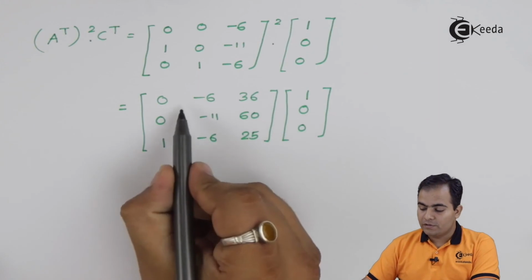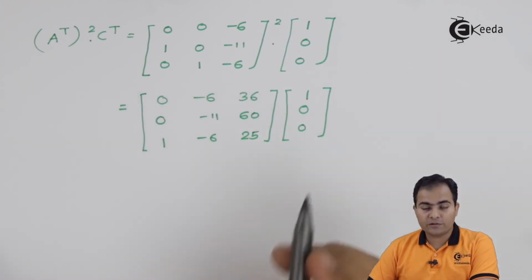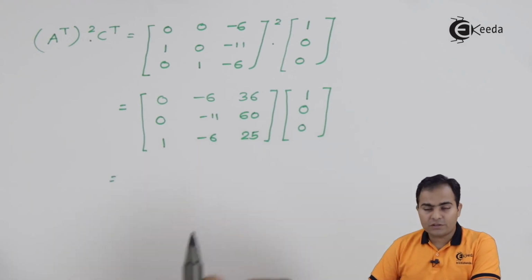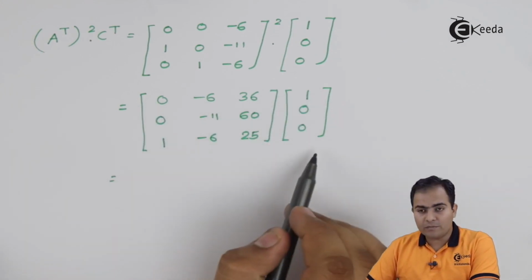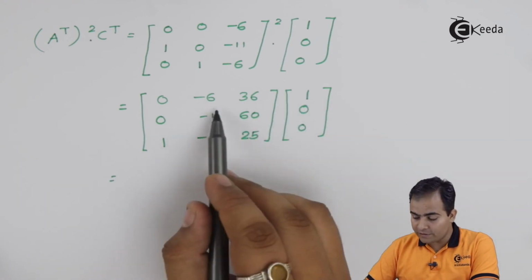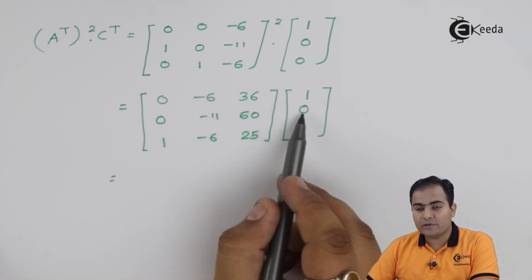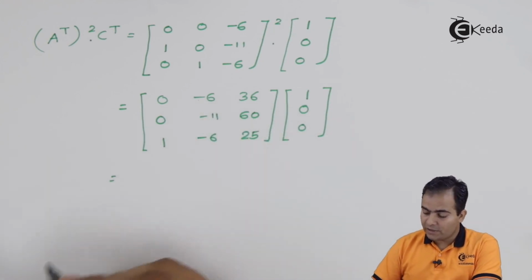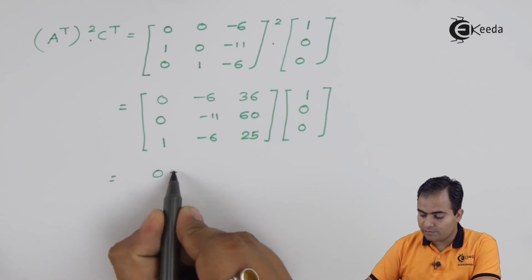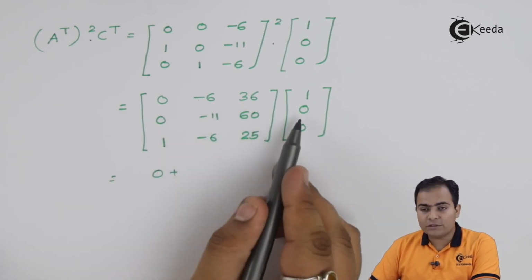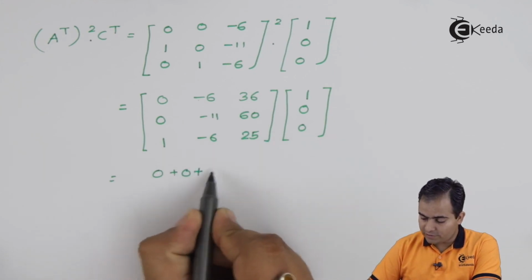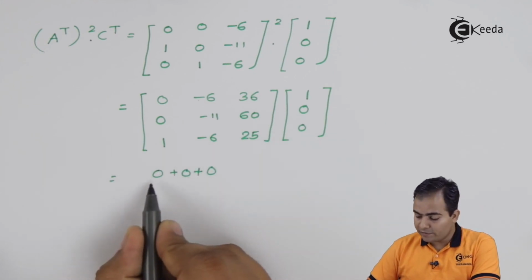Look at here. This is nothing but the square of A transpose, and it is multiplied with the C transpose matrix. Just multiply row with column, but while multiplying, the first element is multiplied, and then the result is added with the second multiplication, and so on. So first of all, 0 into 1 is 0, plus minus 6 into 0 is 0, minus 36 into 0 is 0. So I can write 0 plus 0 plus 0. This will be my first element.